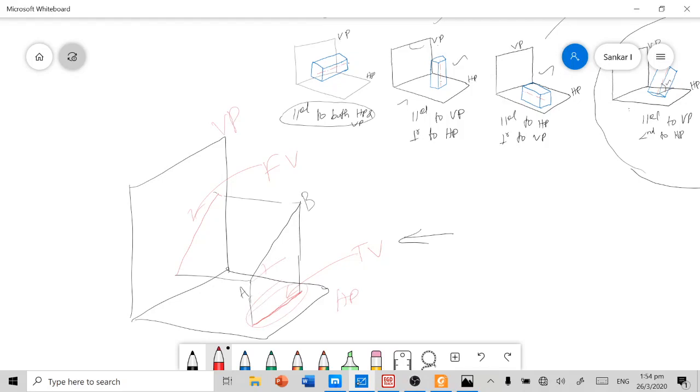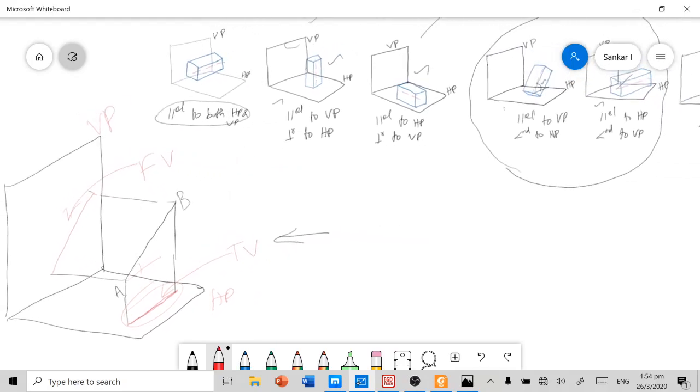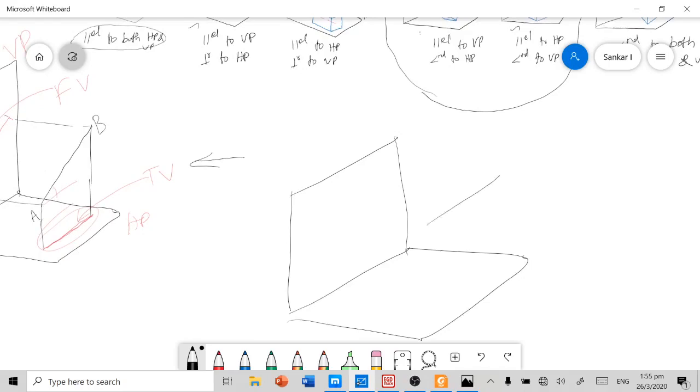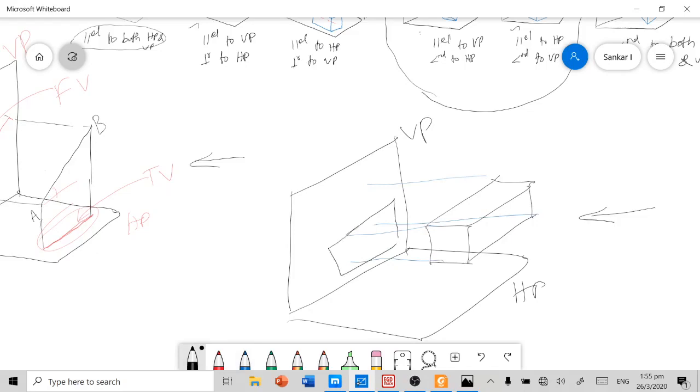If you want to draw the front and top view for a solid by the same concept, see here. For example, a solid is there with its axis parallel to both HP and VP. If you look at it from the front, the projectors will fall on the VP screen in order to get the front view of the object.